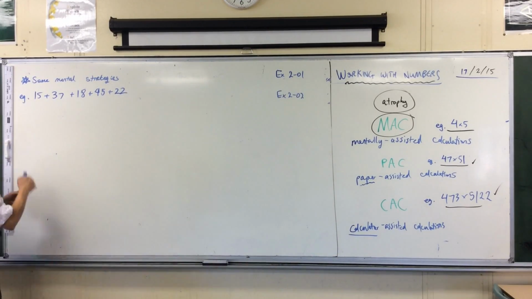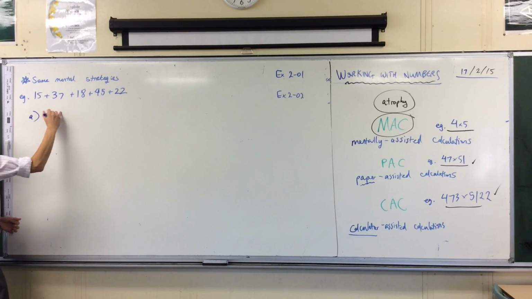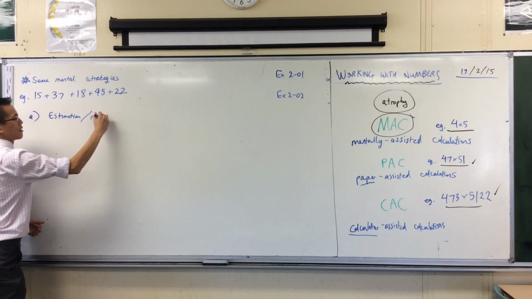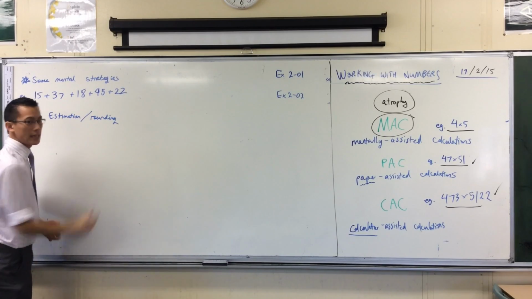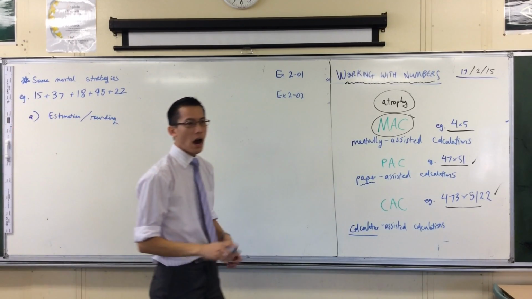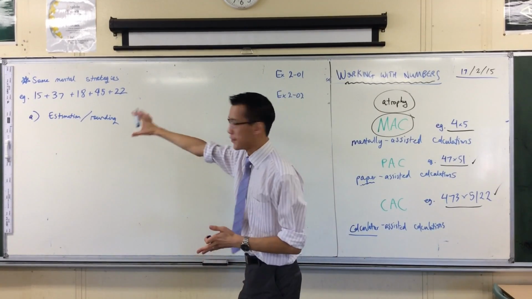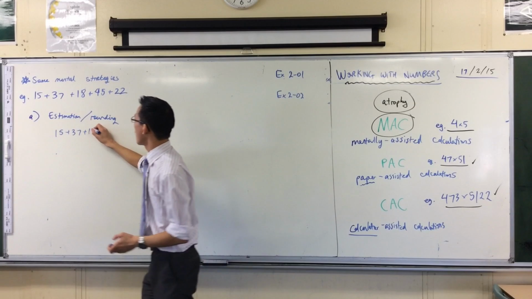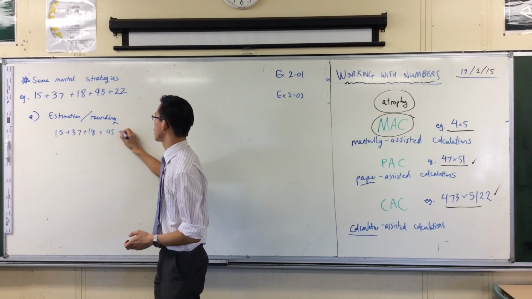The first strategy I'm going to teach you, strategy A, is estimation or rounding. Okay? Now, you learned this last year. Here's what I'm going to do. I'm going to take that line, 15 plus 37 plus 18 and so on, and I'm going to use my knowledge of approximation.